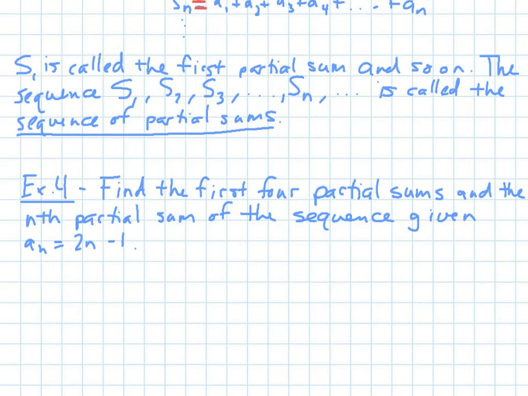So a sub 1, so 2 times 1, so that gets me 2 minus 1, which is 1. A sub 2, 4 minus 1, which is 3.